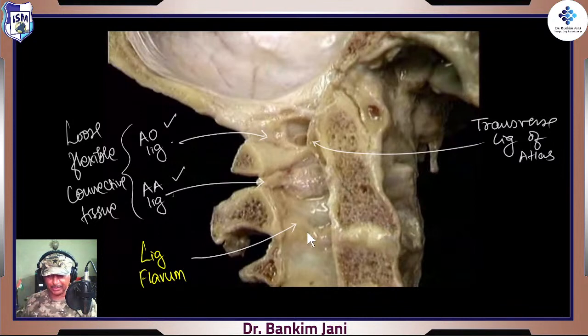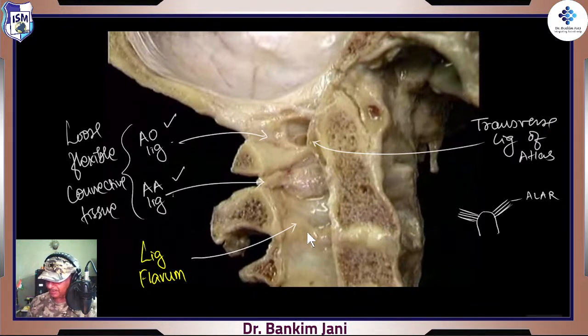Now let's do one thing. Let's create one hypothetical image, so that it will make things much better. We'll use a different color. Say that was the dens, right? And in the dens, at the deepest level, these were the LR ligament, correct? Then on that LR ligament, there was the cruciform ligament.